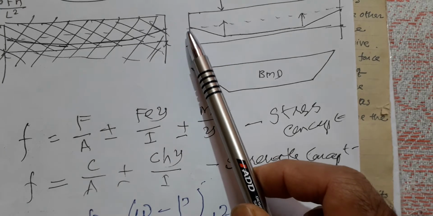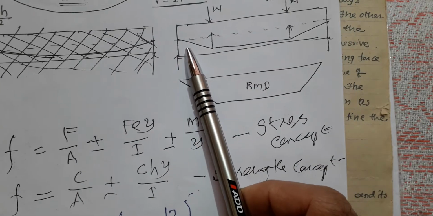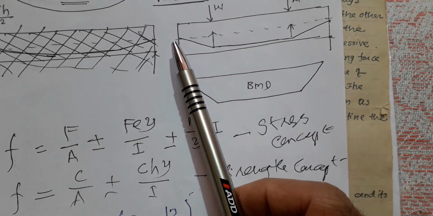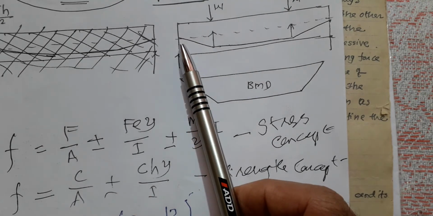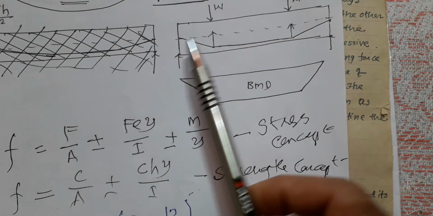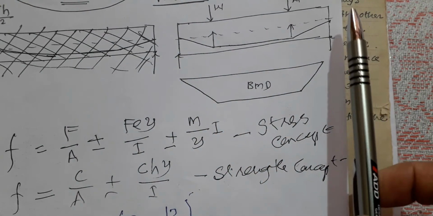Say I applied a pre-stressing force of 1000 kilonewton. But this 1000 kilonewton pre-stress will not remain constant throughout the life of the structure.